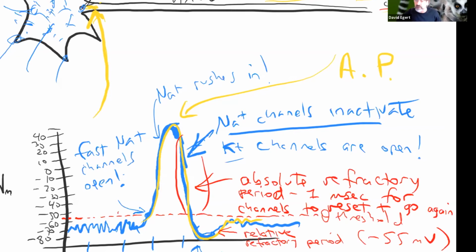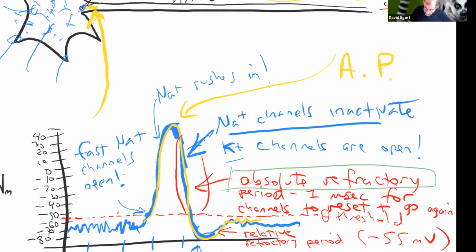Let me say this better. If you're in the absolute refractory period, nothing you can do can make the membrane hit another action potential. You just have to wait till the absolute refractory period is over, about a millisecond.